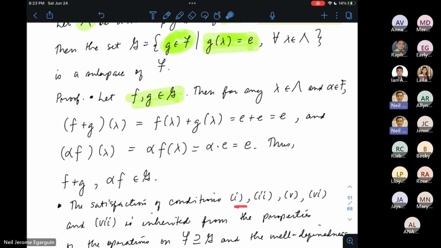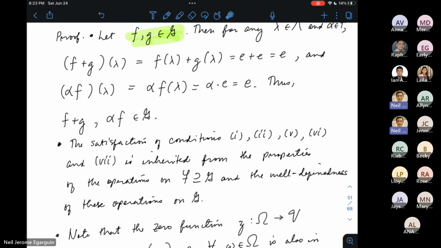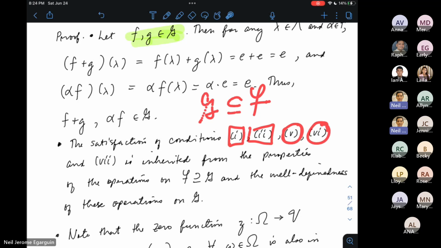And then properties 1, 2, 5, 6, as well as 7, na-inherit lang siya mula doon sa pagiging vector space ni curly F. Kasi si curly G, if you remember, curly G is just a subset of curly F. So yung associativity ng vector addition, commutativity of vector addition, property 5 is the distributive law, property 6 is the associativity of scalar multiplication, property 7 is the existence of multiplicative identity insofar as scalar multiplication is concerned.